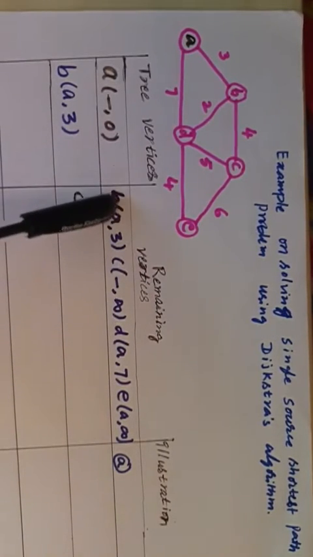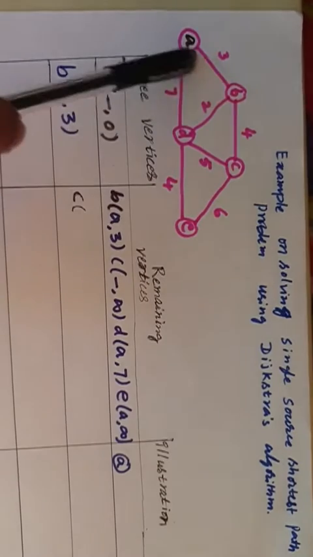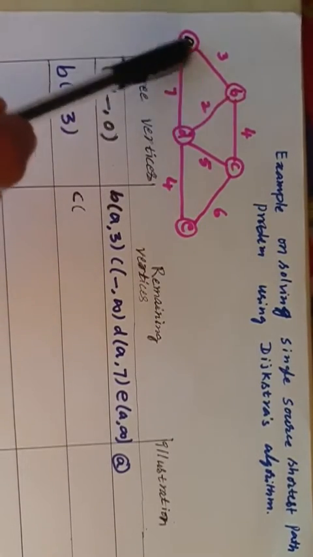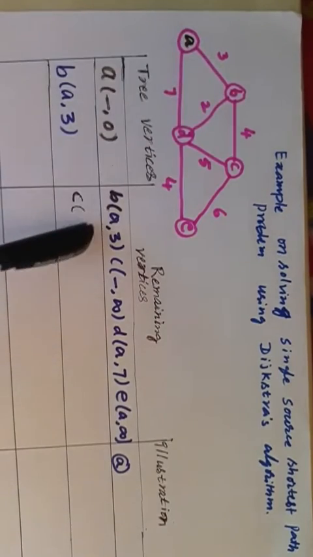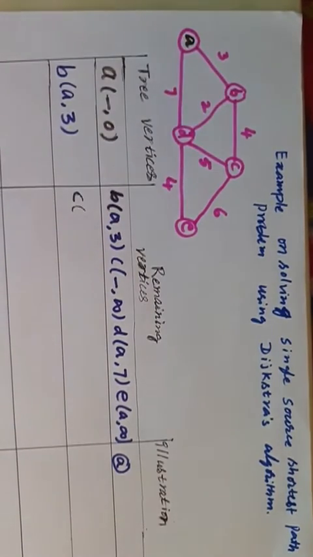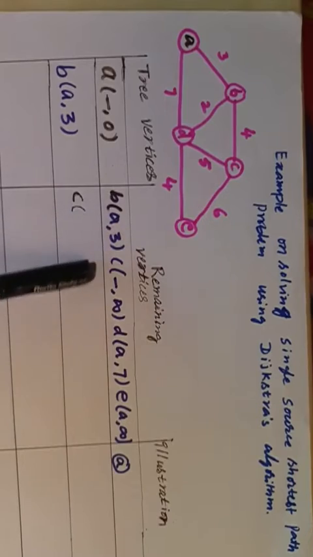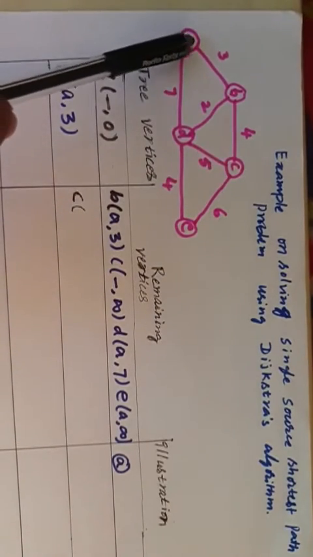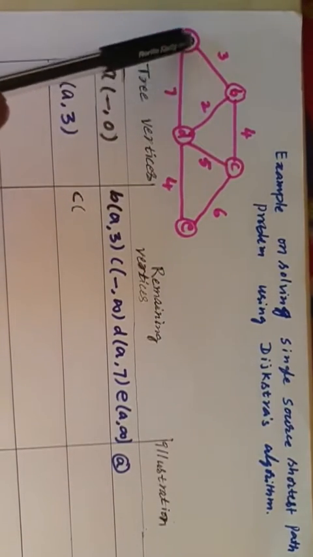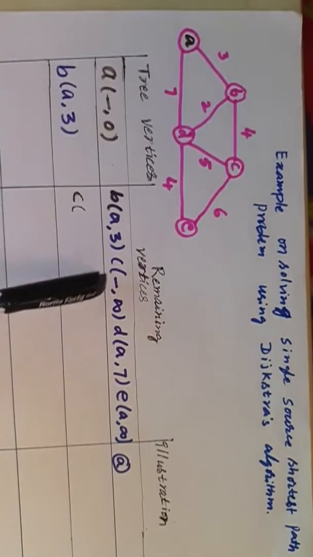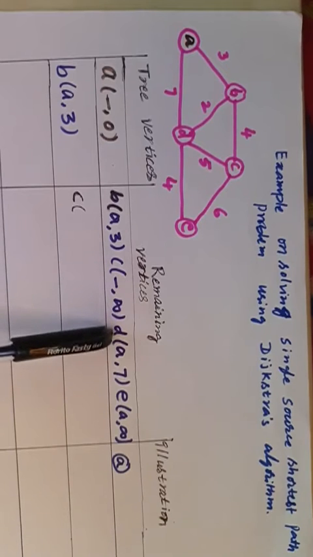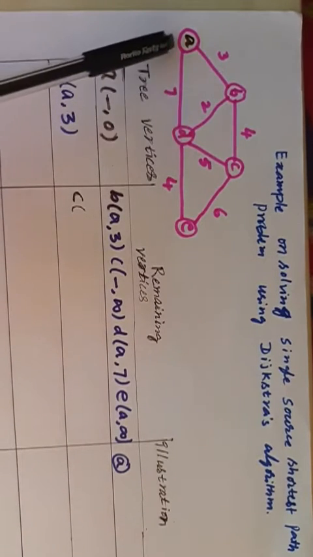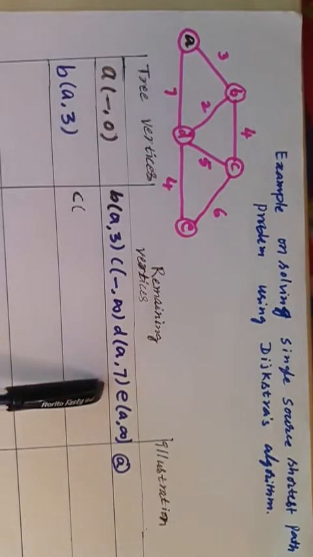Is b reachable from a? Yes, directly, with cost 3. So the first information is a, and the distance is 3. For c, we don't have an edge from a to c, so c is null, infinity. And d can be reached from a with cost 7.